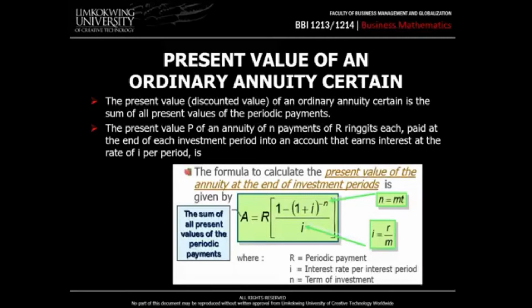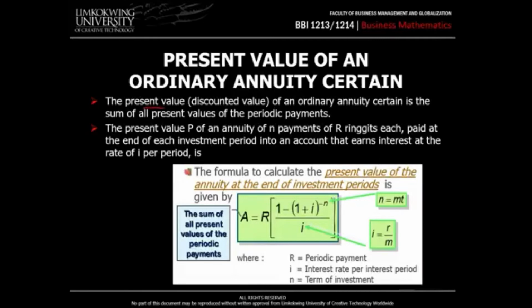Okay, so now we want to go for the second part of this lecture. Now we want to go for the present value or original value. Just now, future value means the amount at the end of the investment. Here is the beginning, the discounted value.